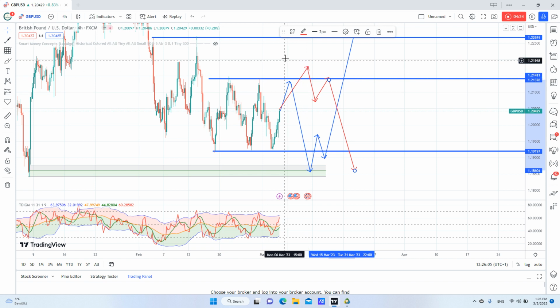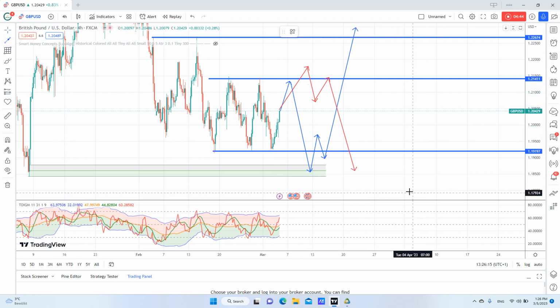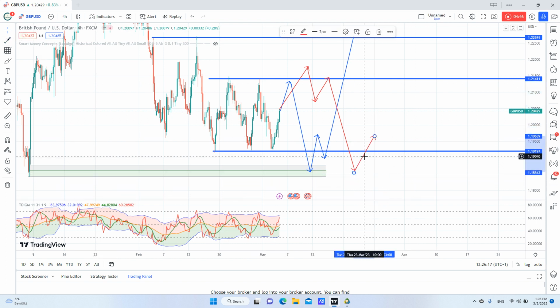So it takes the liquidity above the tops, just to take the liquidity under the bottoms, and then do the same that we expected for buying and go up.